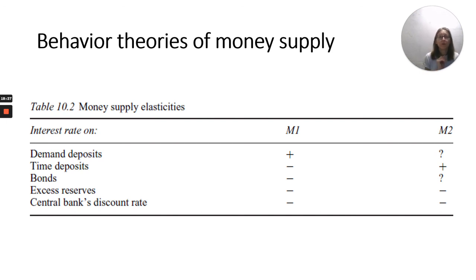So those different definitions and different ways of calculating M1 and M2 can give slightly different results. That's what makes it difficult to determine the effects.